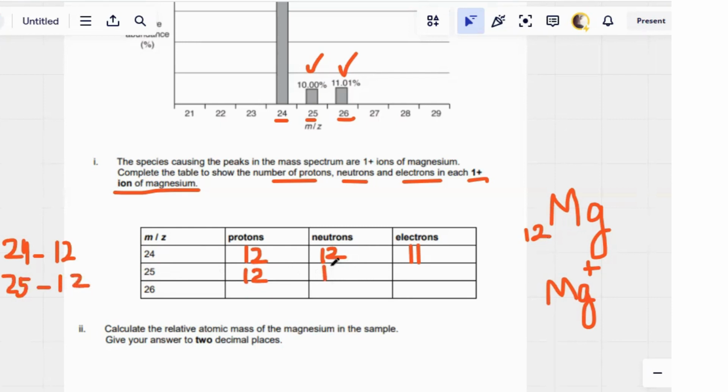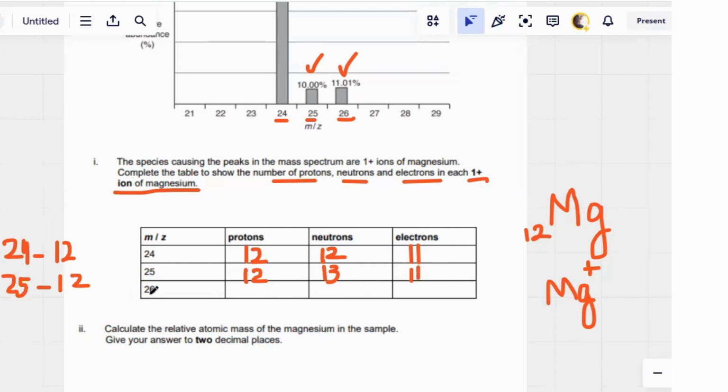And how many electrons? Remember that we are dealing with the +1 ion of magnesium. If it were a magnesium atom, it would have 12 electrons, but it is Mg +1, so 1 electron is removed from magnesium. That is why it would be 11.